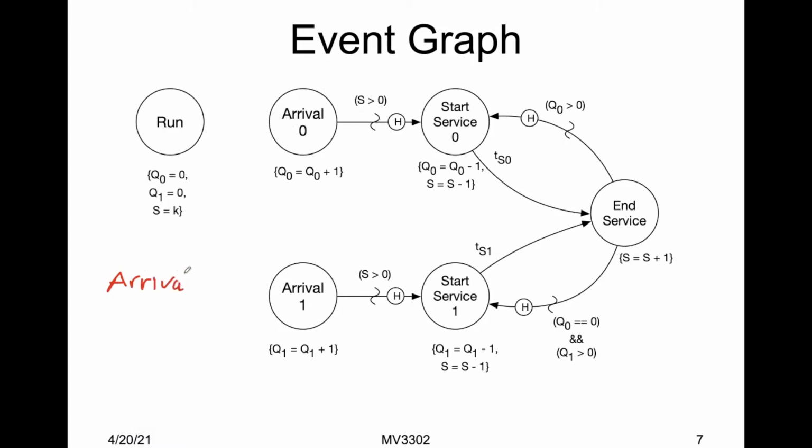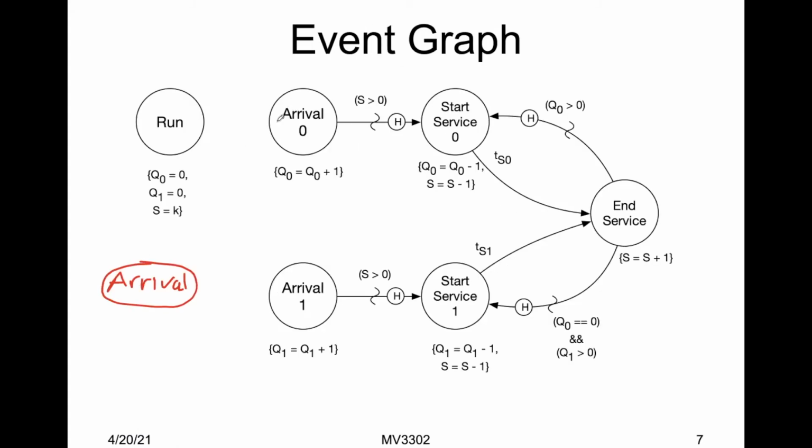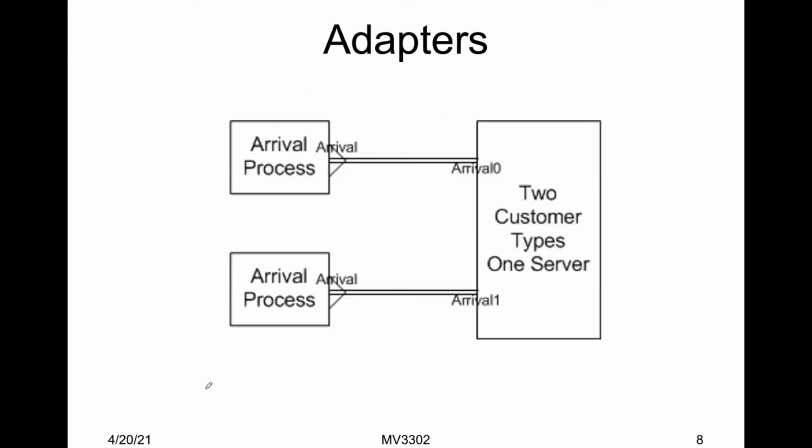But an arrival does not match arrival 0. Remember, the name of this event is arrival 0, and that's not the same as arrival. And the name of this event is arrival 1. That's not the same as plain old arrival.